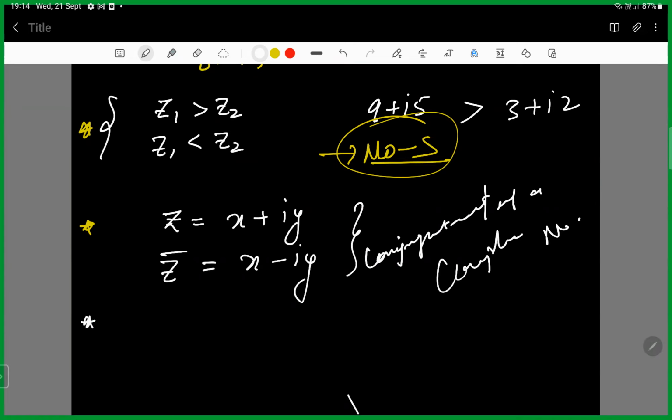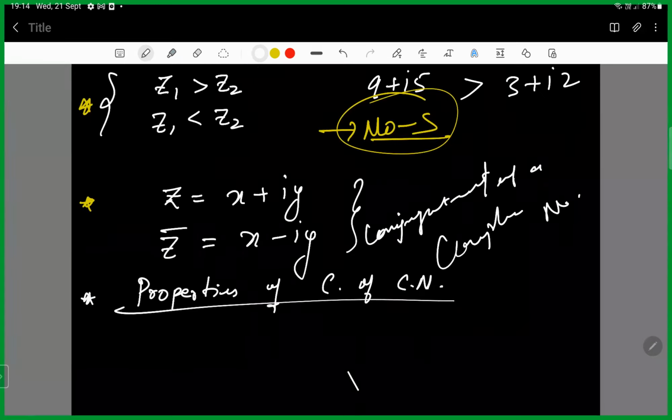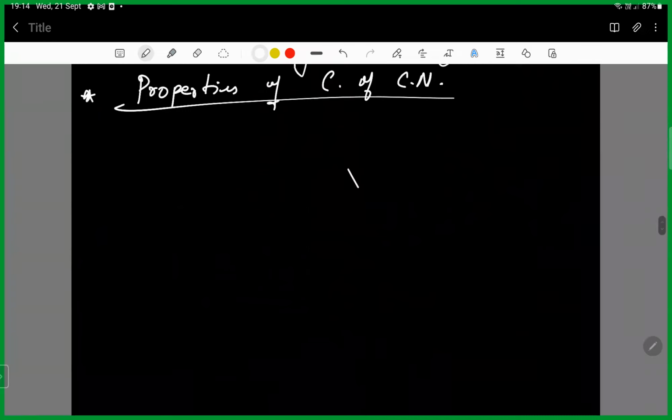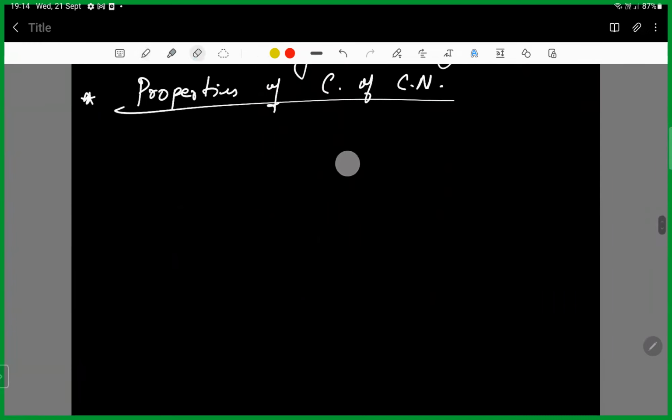Let's write down properties of conjugate. I don't know how many properties are there in your book, but write down what I'm telling you.